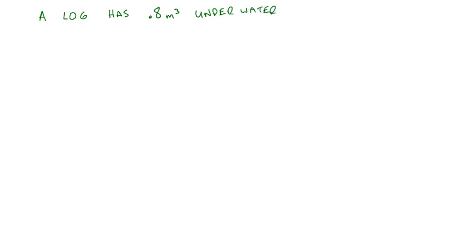That's just the part underwater. So then if I want to find the buoyant force, F sub B, then I could come in here and say, well, I know F sub B equals the density of the fluid, not the density of the log, it's the density of the fluid, times g times the displaced volume.